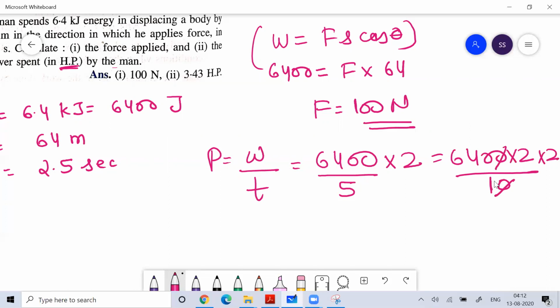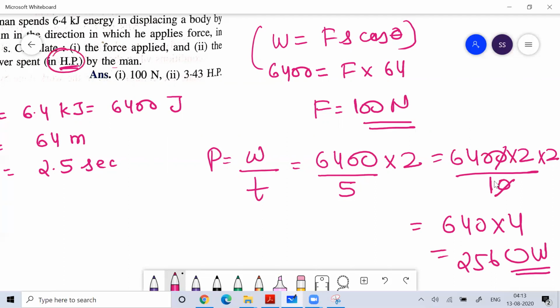So 10, 10 get cancelled, and I get 640 into 4, which is 2560 watt. I got the answer as 2560 watt, but they want the answer in horsepower.